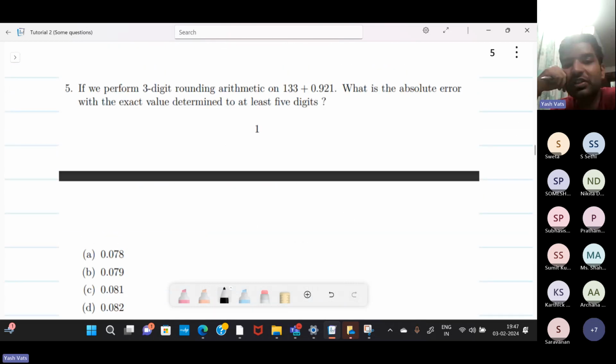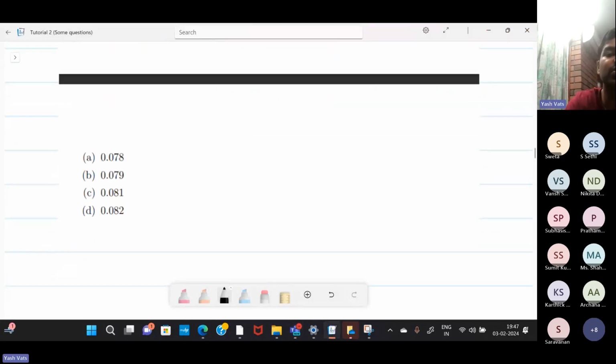If we perform 3-digit rounding arithmetic on this, what is the absolute error with the exact value determined to at least 5 digits? So what is 3-digit rounding arithmetic? Anyone? So 133.921.